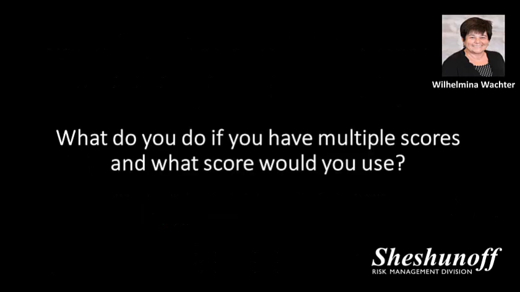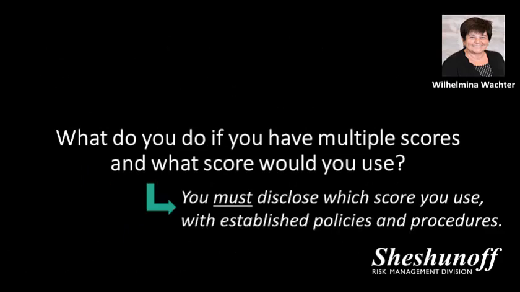When a creditor obtains multiple scores but only uses one in making the decision, the creditor must disclose the credit score that is used. The regulation doesn't specify which score should be used if the creditor uses all three, other than you have to disclose a single credit score that is used by the lender in making the credit decision.